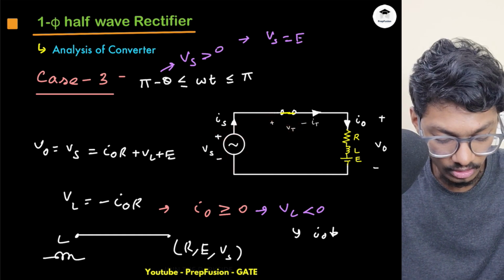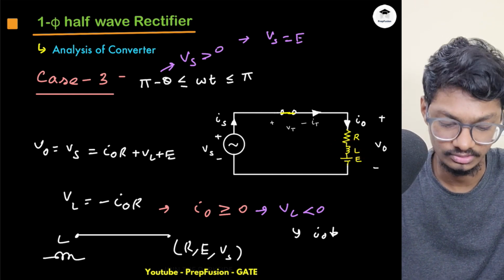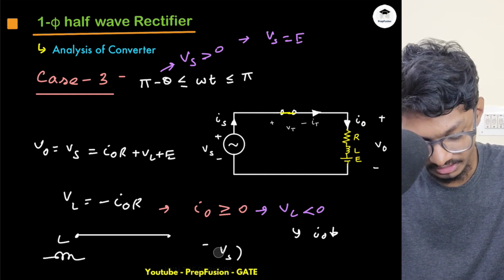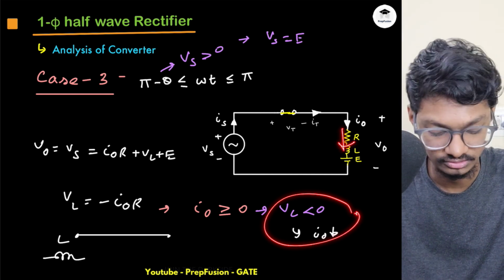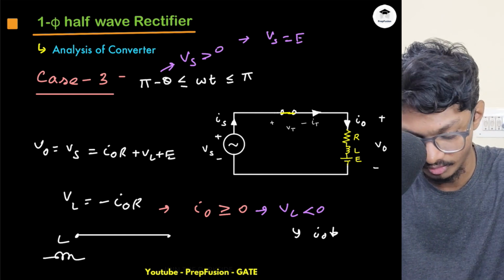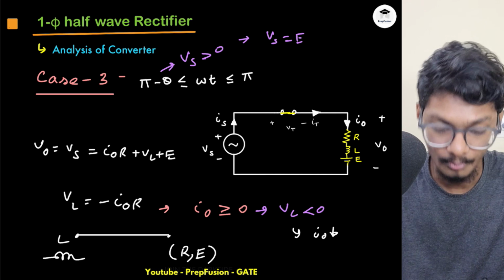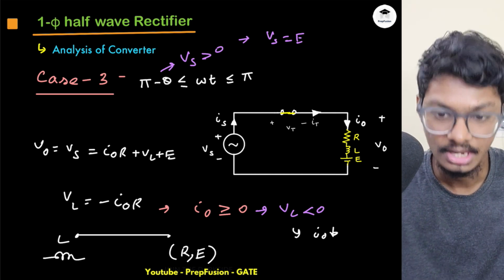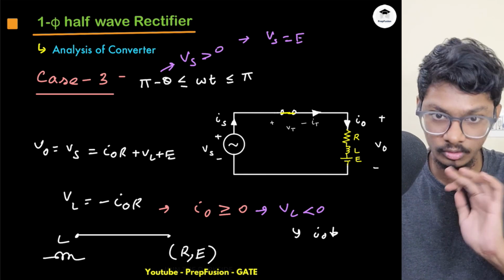So one important point here is that the supply is giving some power, and the inductor is also giving some energy. Why? Because VL is negative, and IO is still positive, so VL into IO is negative. That means the inductor is giving some power. To whom? To the resistor and the battery, right? That means it is not giving power to the supply right now.